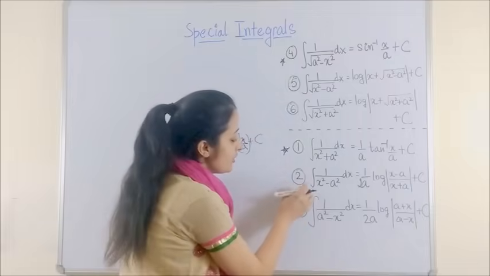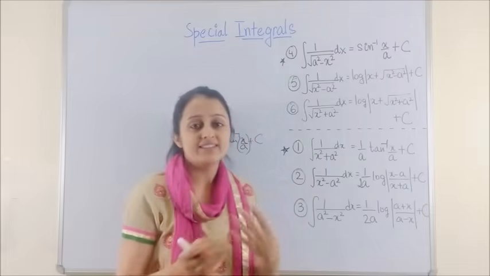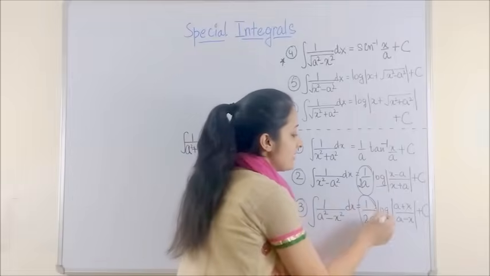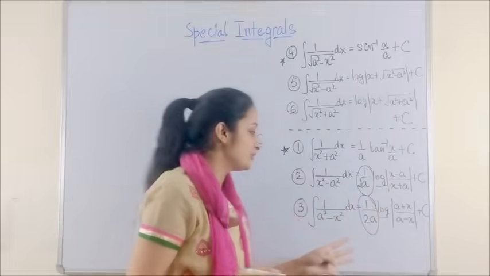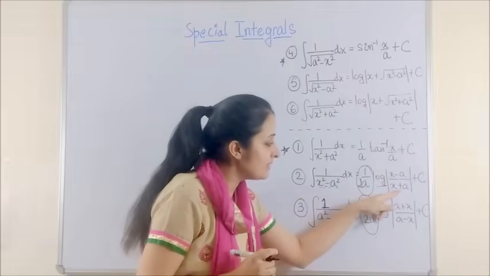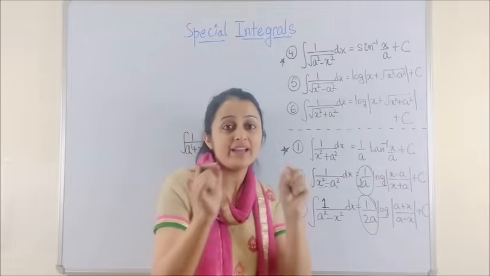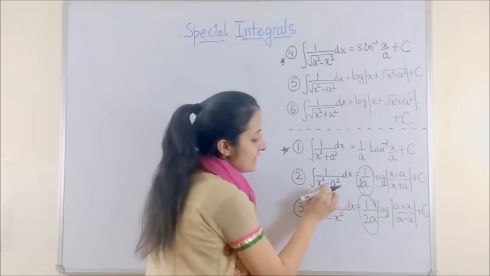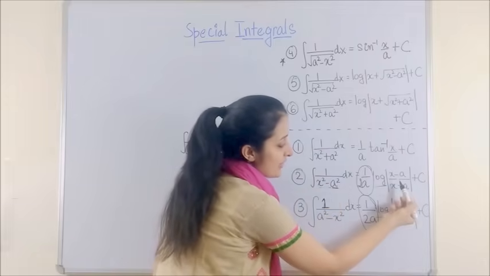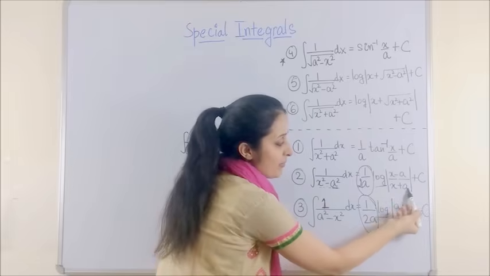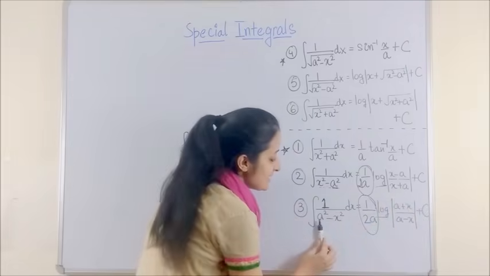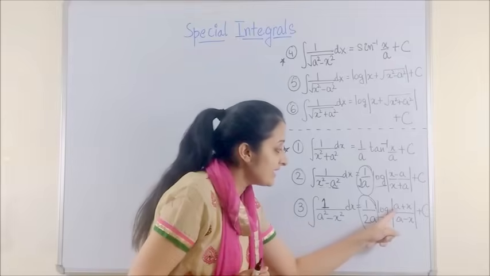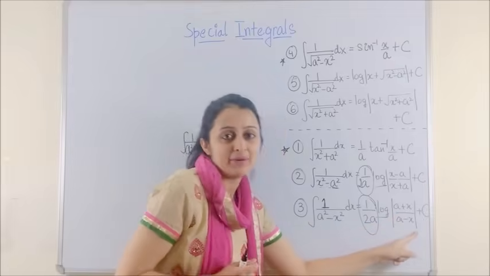Now talking of second and third, they resemble so much. First of all, 1 by 2a log is something which is common to both of them. We'll try to remember this part as per a. So in the first one, since a has a negative sign in front, I take x minus a upon x plus a, whereas here my a has positive sign in front. So I take a plus x upon a minus x.